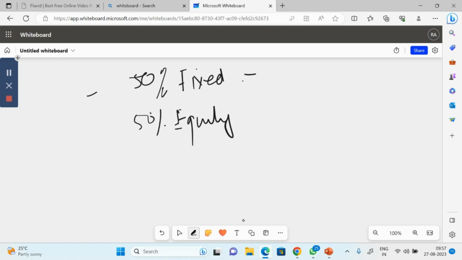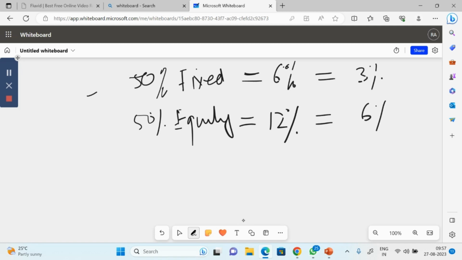Now fixed income will, let us say, give you 6% return, and equity gives you 12% return. So at 50%, this is 3%, and this is 6%. So net is 9%.